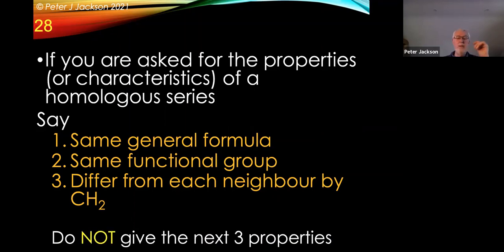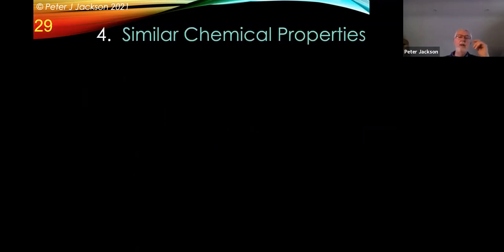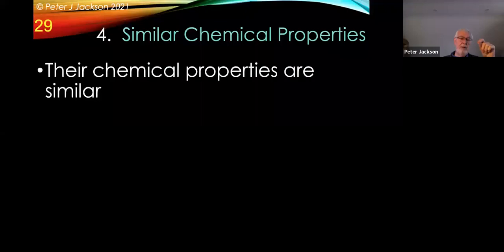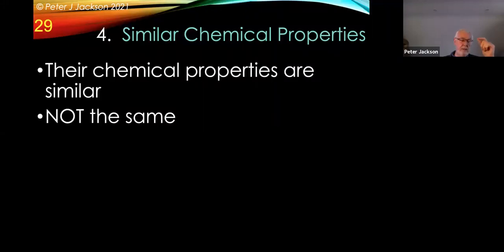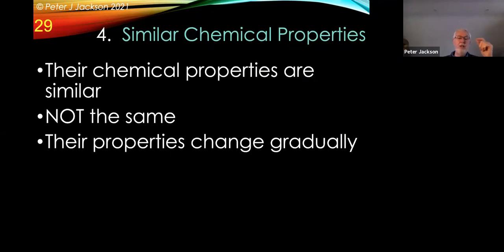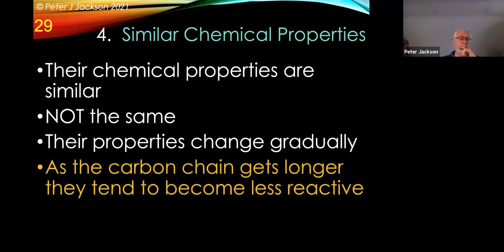Do not give the next 3 properties. They have similar chemical properties. Their chemical properties are similar, not the same, similar. Their properties change gradually with the length of the carbon chain. As the carbon chain gets longer, they tend to become less reactive.